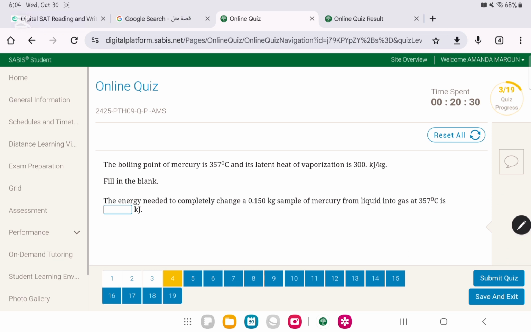So we have the boiling point of mercury is 357 degrees Celsius, and its latent heat of vaporization, which is L_v, is 300 kilojoules per kg. Anytime we're talking about specific heat, specific latent heat of fusion, or specific latent heat of vaporization, our unit should be in joules.